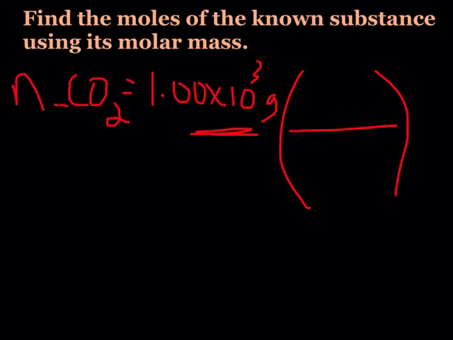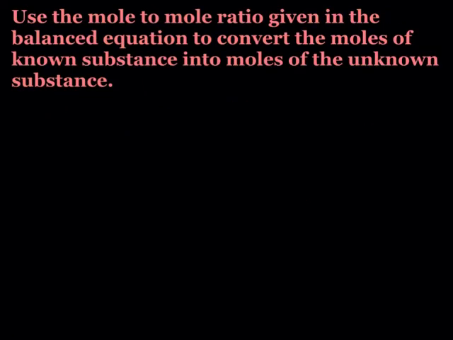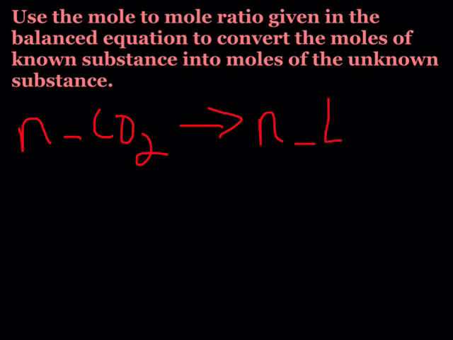Step 4b is to use the mole-to-mole ratio given in the balanced equation to convert the moles of the known substance, which in this case is CO2, that you calculated in the previous step, into moles of the unknown substance, which in this case is lithium hydroxide. Now, in order to do this, you're going to use your mole-to-mole ratio.